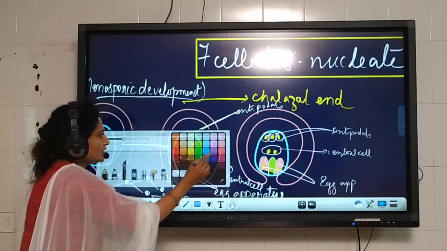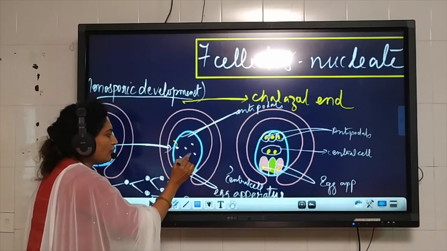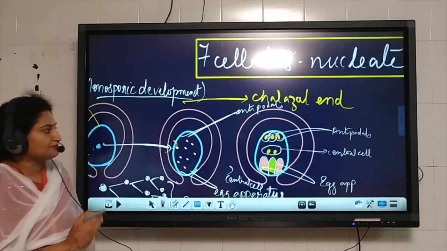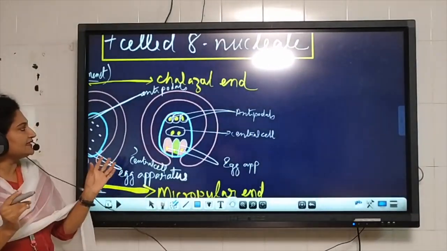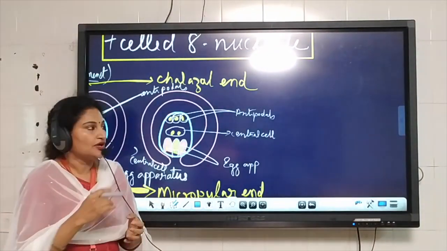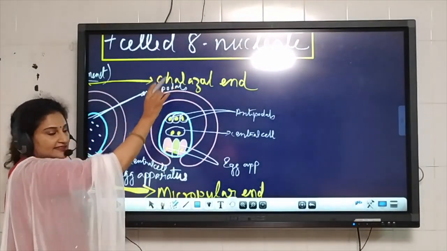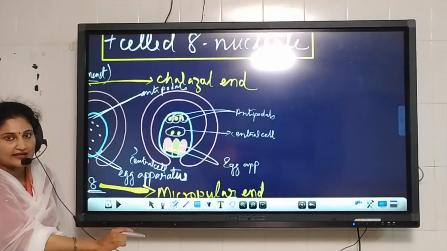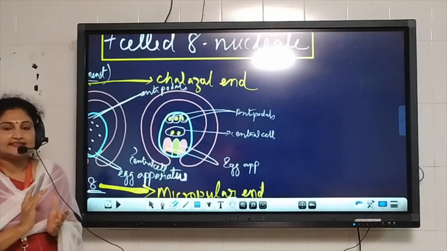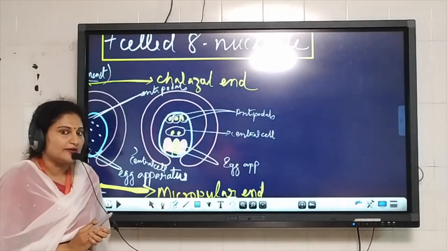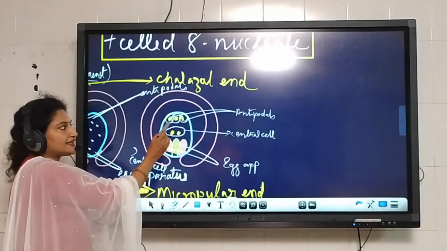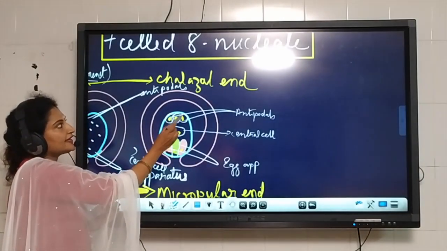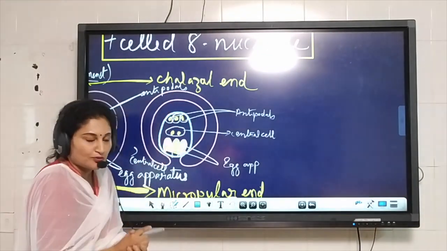Let's count. 1, 2, 3, 4, 5, 6, 7, 8. They are randomly arranged. And the penultimate event is that these nuclei get oriented. 3 move to the chalazal end, 3 move to the micropylar end, and 2 remain at the center. And the last event is the cell wall laying. Cell walls are laid separately around the nuclei at the chalazal end to form the antipodals.